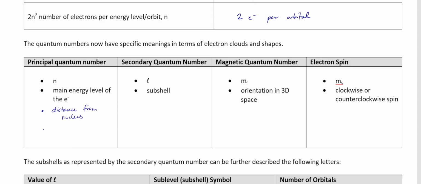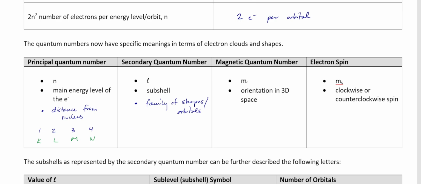And we have, for example, values 1, 2, 3, 4, and so forth, also given by the letters K, L, M, and N. The secondary quantum number is given by the letter L. It's the subshell, and it essentially is the family of shapes of orbitals.